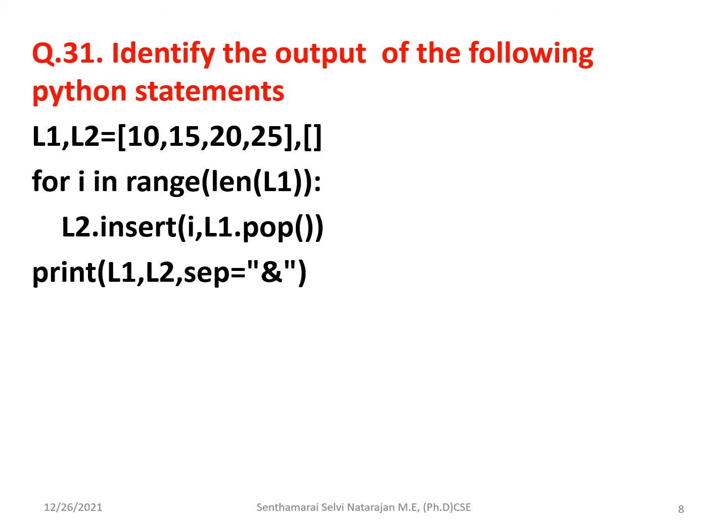Based on that, the answer is L1 as an empty list, and then L2 is this. Since it is a pop operation, the stack order should be noted. The last element pushed into the stack is the first element popped. So 25, 20, 15 and then 10. So this is the answer.